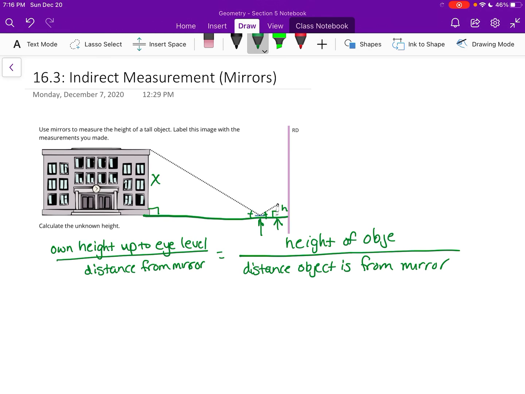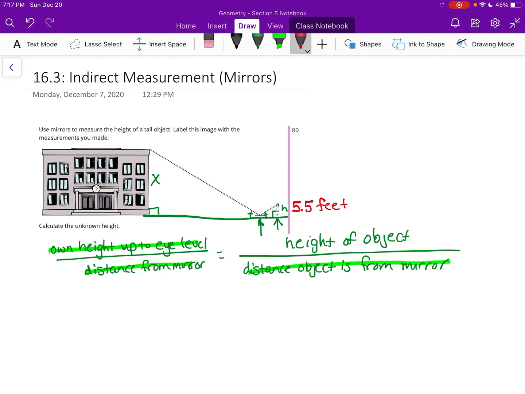So all of these measurements we can actually measure except for the height of the object. So we could measure all of those highlighted measurements and then solve using algebra to find the height of the object. All right, so let's just suppose that our eye level is at 5.5 feet. We'll make it easy, 5.5 feet.